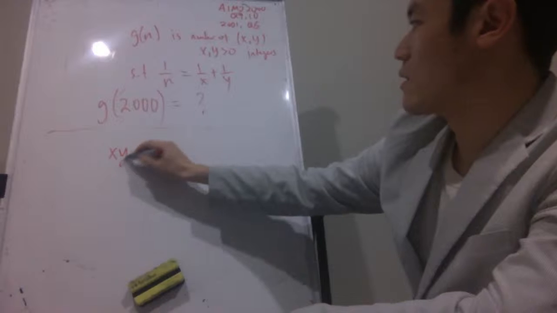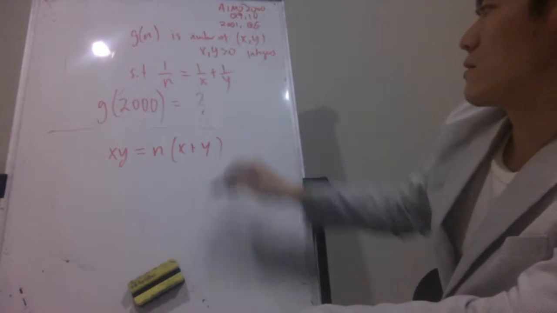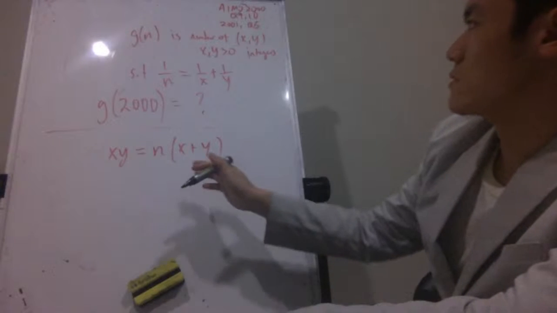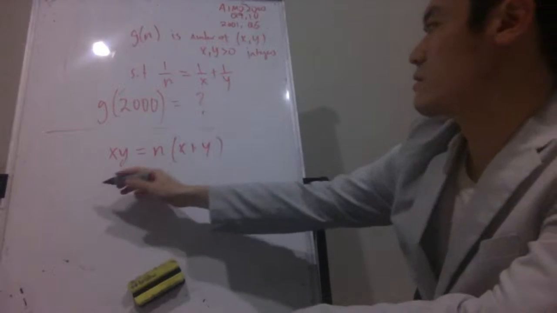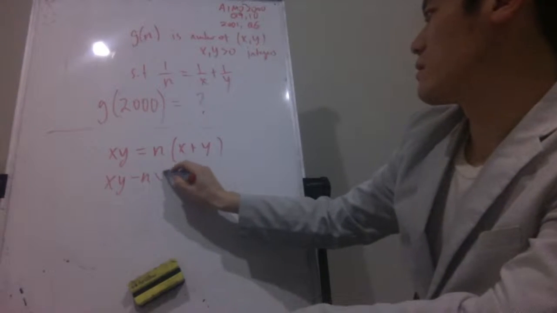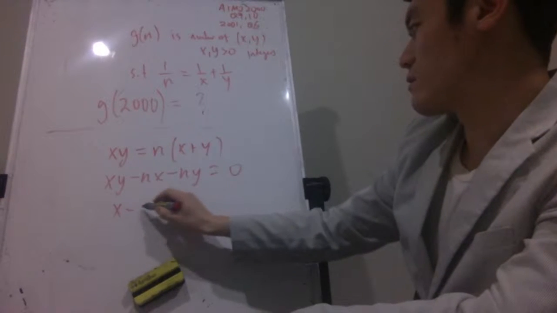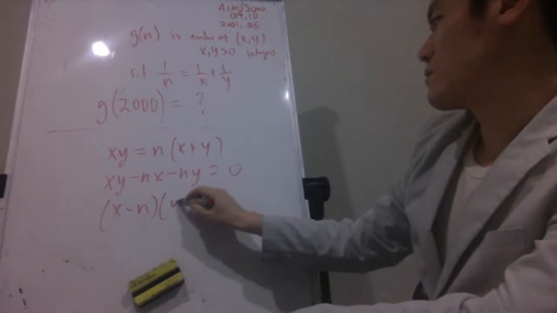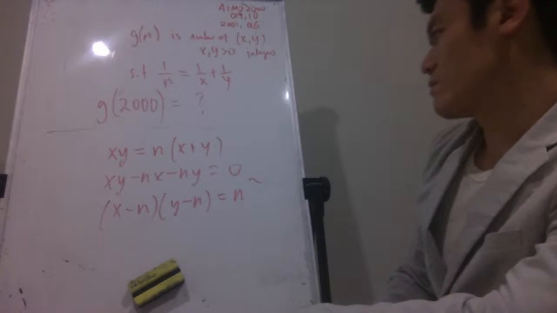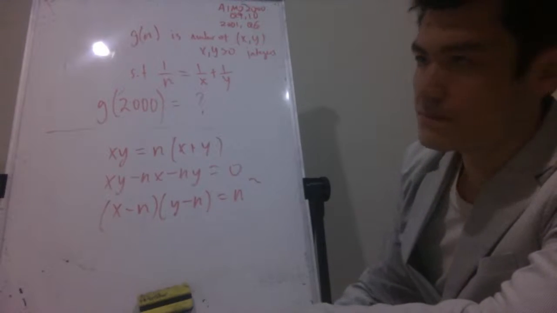You get xy equals n times x plus y. So then xy minus nx minus ny equals 0. And then you had this great idea of factorizing. So to figure out what g of n is, it's just to figure out the number of factors.